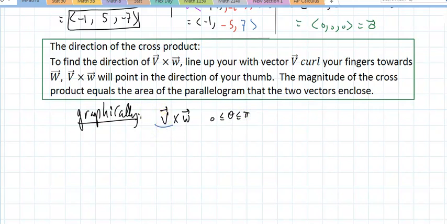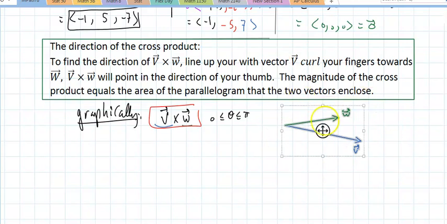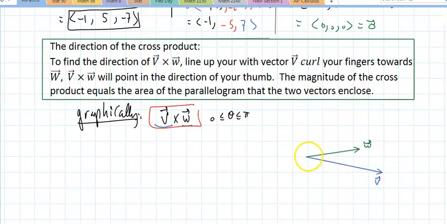If I take vector V, and if I take vector W, the cross product would be a vector that is perpendicular to both.